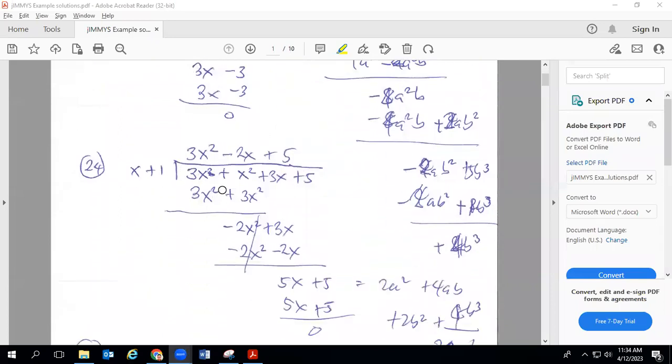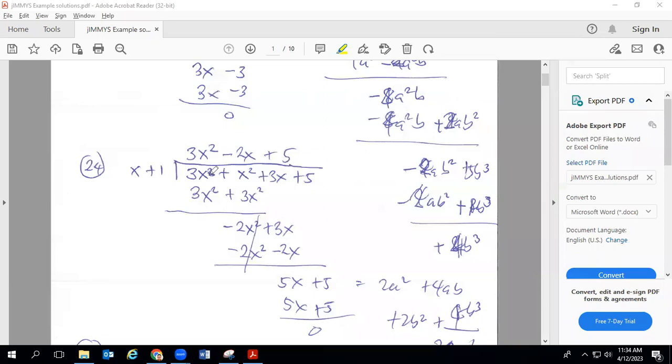The same is true here. You have 3x squared divided by x is 3x.